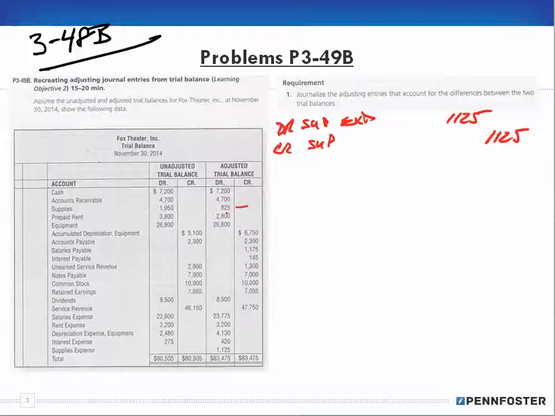It's just going down and looking at the differences. So I have prepaid rent here, and this is exactly like supplies, because prepaid rent is an asset, so is supplies. So I'm going to end up crediting prepaid rent, and the difference between 3,800 and 2,800 is 1,000. And so I have to debit something else.